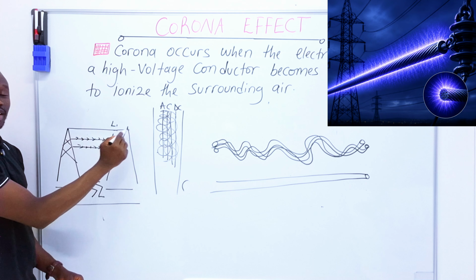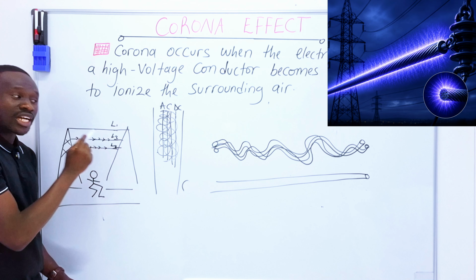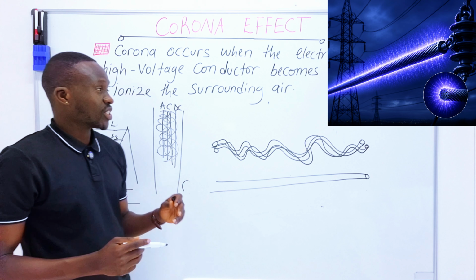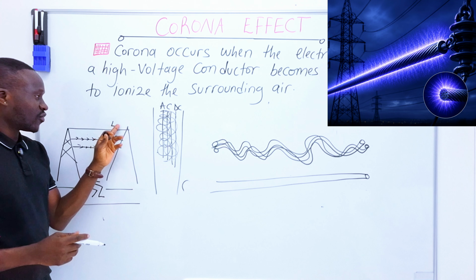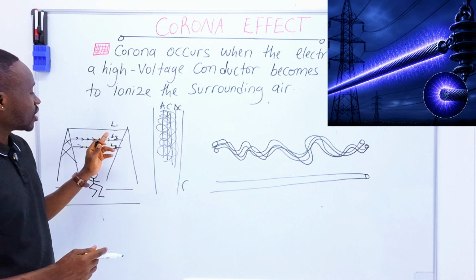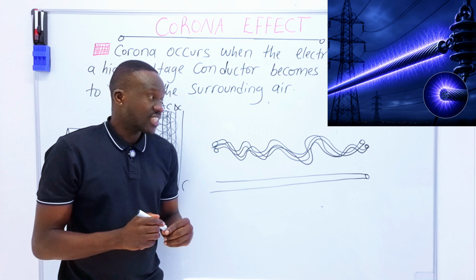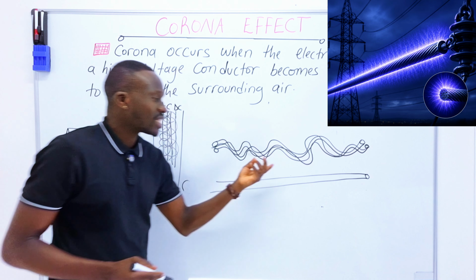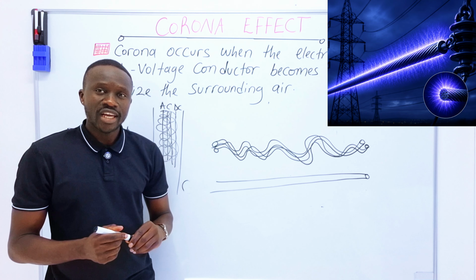And they use it on the three-phase conductor, carrying one voltage: voltage 1, voltage 2, voltage 3 phase lines. And this is the high voltage conductor. This is what the engineers came up with to reduce the corona effect.